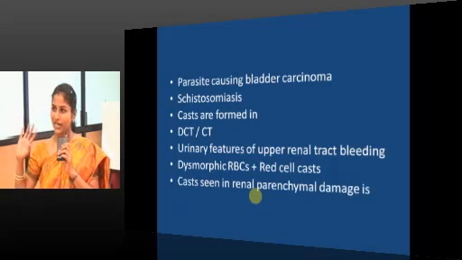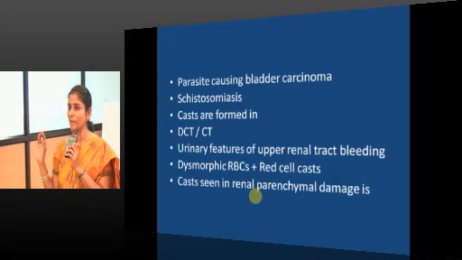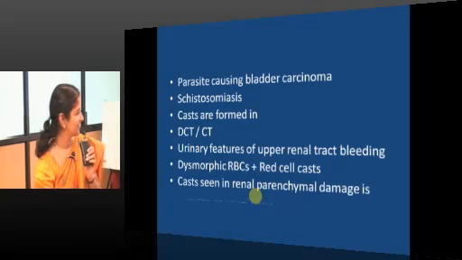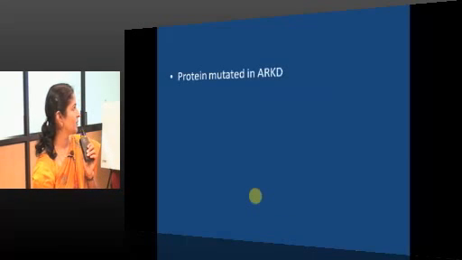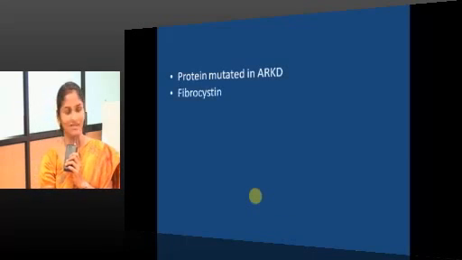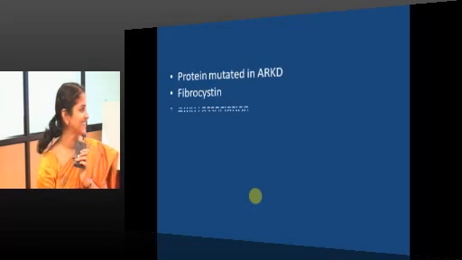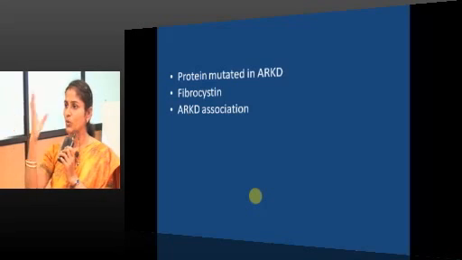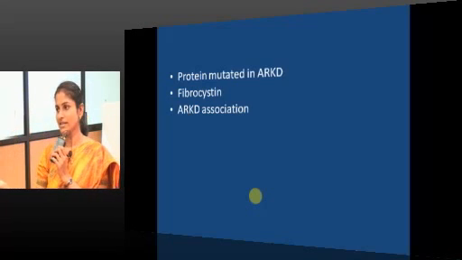Casts seen in renal parenchymal damage? Finely, coarsely granular cast. Good. Protein mutated in ARPKD? Fibrocystin. ARPKD is associated with fibrocystin, portal fibrosis and liver cysts. It affects the liver.